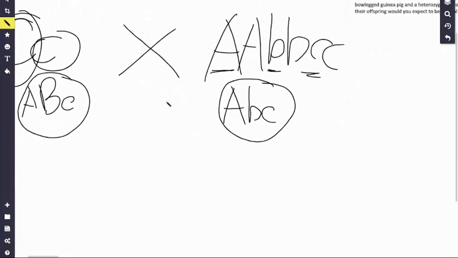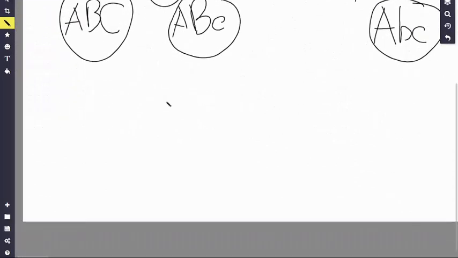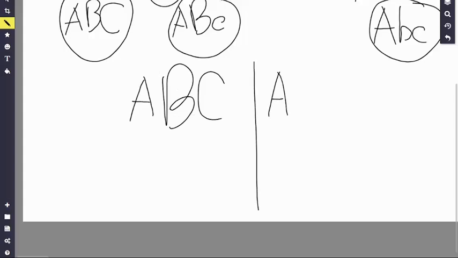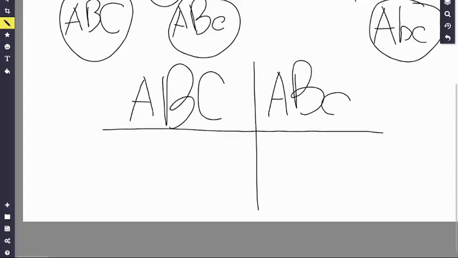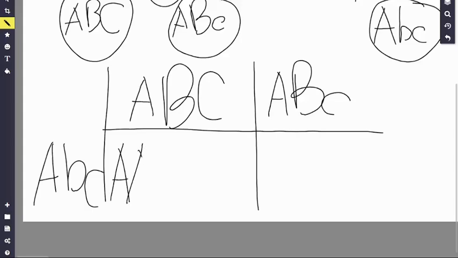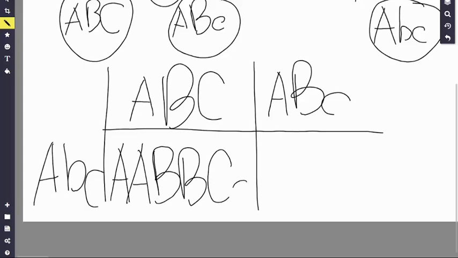So now this is a one-half cross, if you even want to draw it in a square, which I will do for you. You know what, why don't we put more on the top? So A, B, C, A, B, c, and we're going to go over with A, B, c. So this is going to be big A, big B, big C, small c.